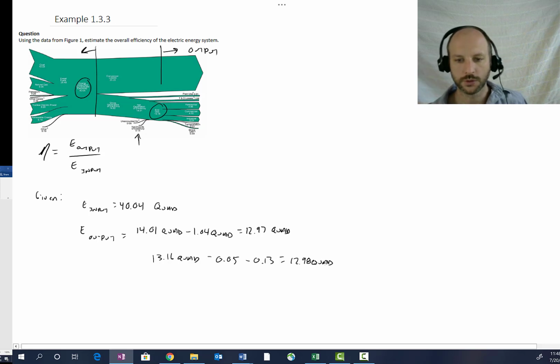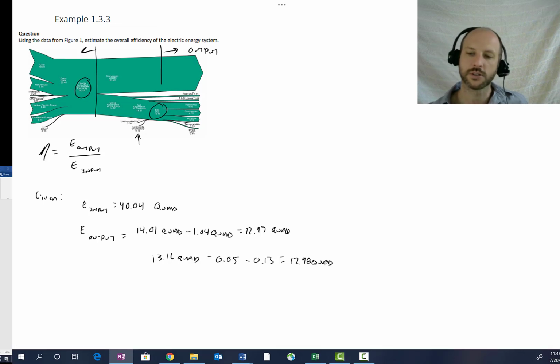So we got 13.16 quad. We need to get rid of the unaccounted fors and the imports. We do that, we get 12.98. It's pretty similar to 12.97 quad. The difference just being when you're dealing with rounded numbers to a hundredth of a quad, these are huge amounts of energy, and so the discrepancy is really just due to rounding differences there.